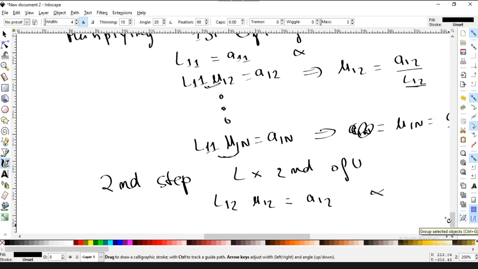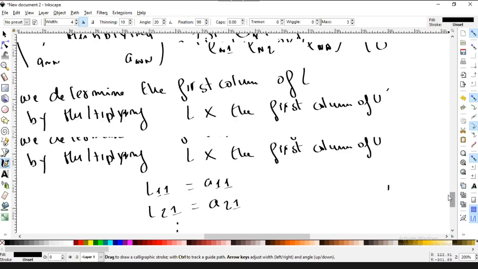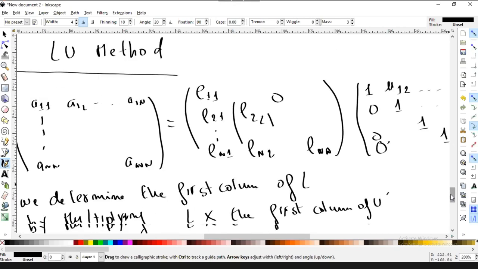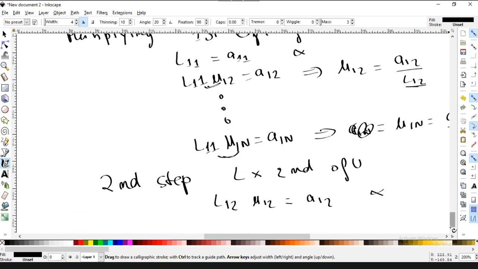The second element here, we get L21 U12 plus L22 is equal to A22.